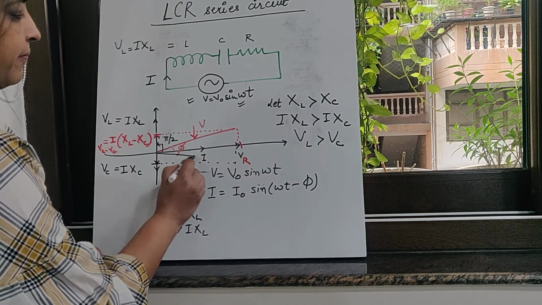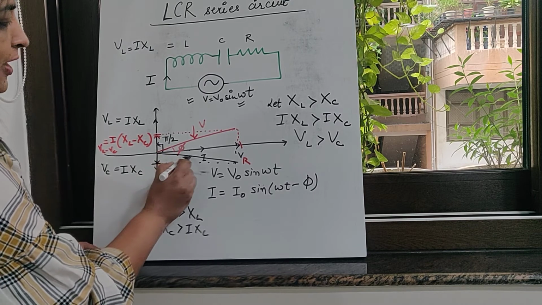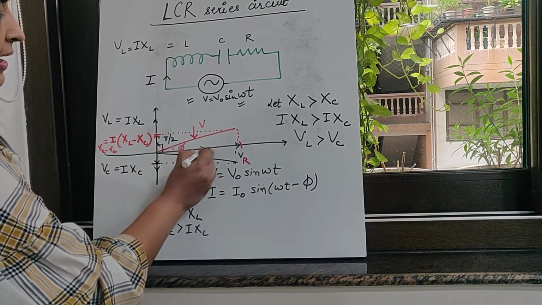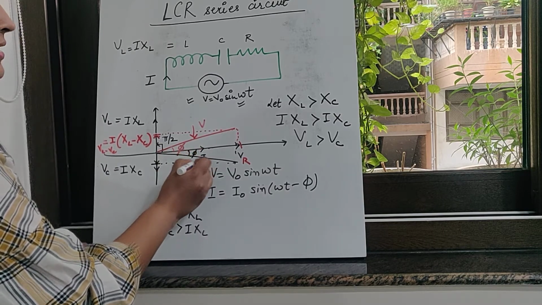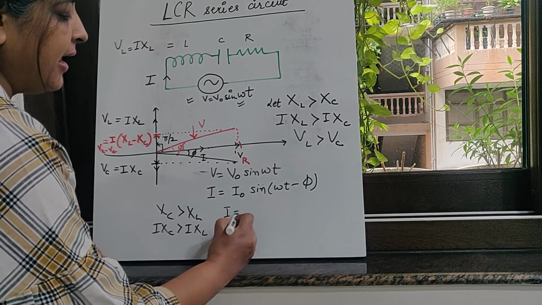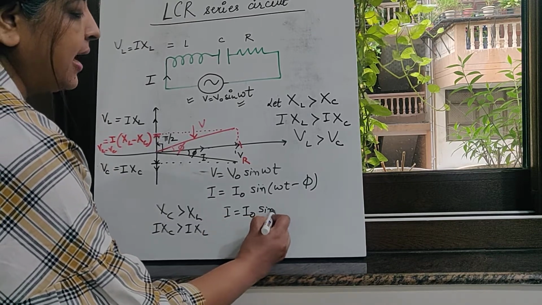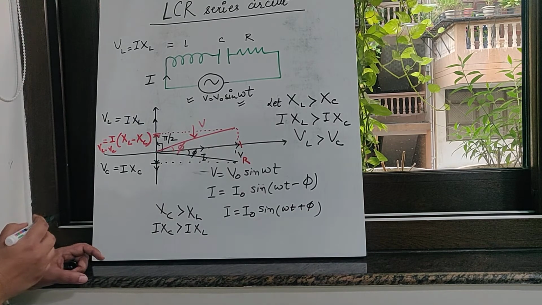The resultant voltage will be this much and the current is already here. So if this is the angle phi, then the current is leading the voltage. For this case we could have written I is equal to I naught sine of omega t plus phi.